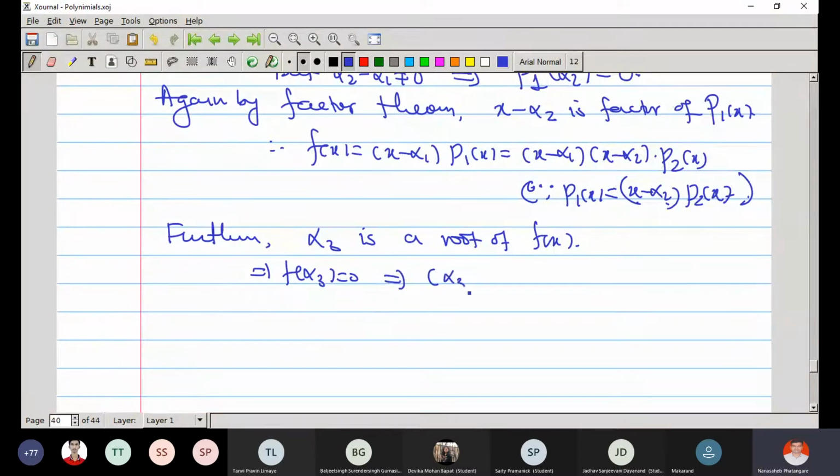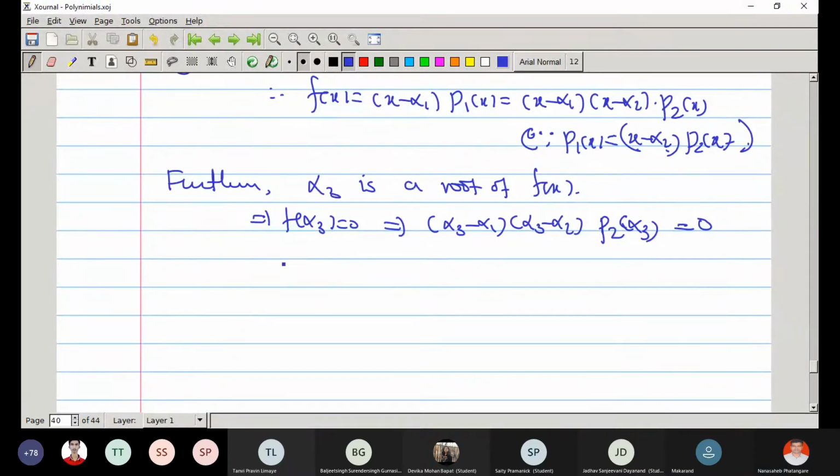This must be 0 because f of alpha 3 is 0. But alpha 3 minus alpha 1 is not 0, and alpha 3 minus alpha 2 is also not 0, and therefore what is the only choice? p2 of alpha 3 must be 0. Correct?